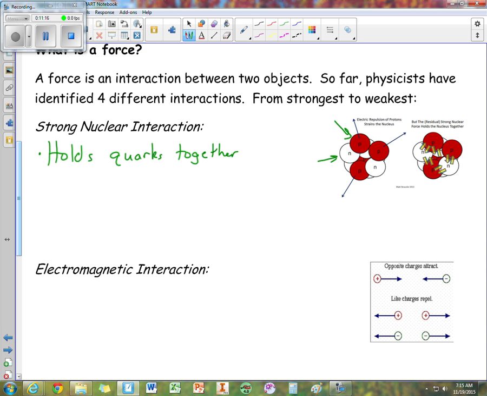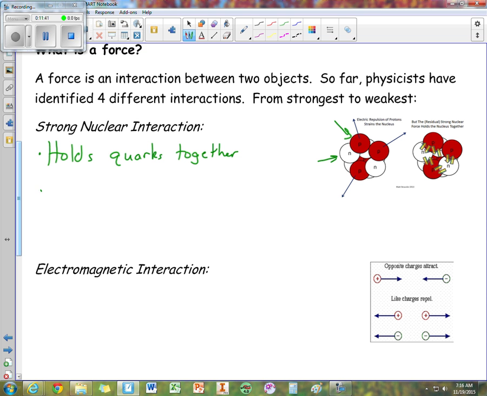And positive repels positive, and neutral couldn't care less, but for some reason, that stays together. And if you really think about it, it shouldn't. All the protons should repel each other. The nucleus of an atom should just fly apart, but it doesn't. And that's because protons and neutrons are made of quarks, and the strong nuclear interaction holds quarks together.